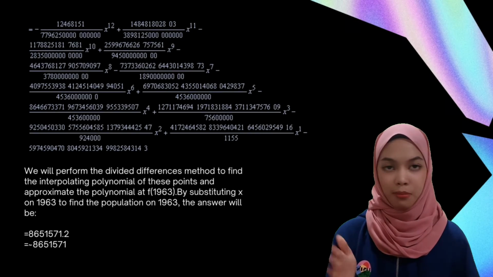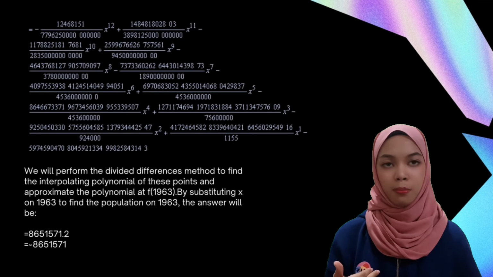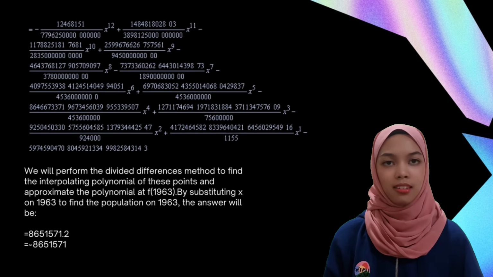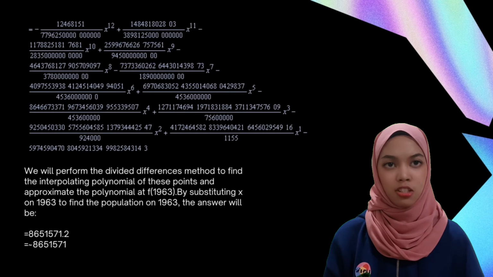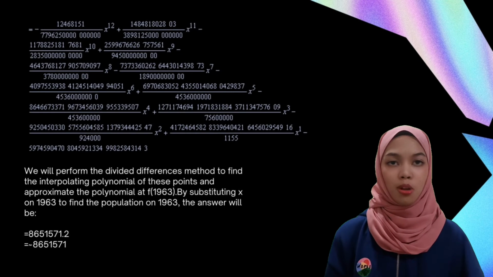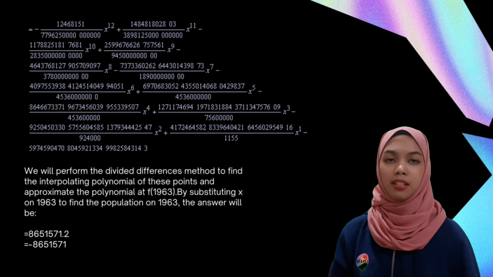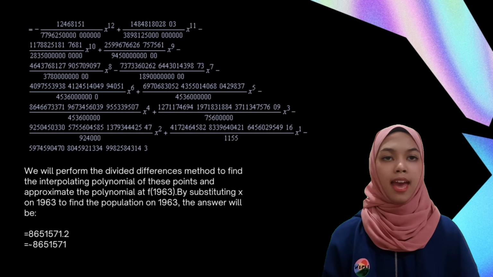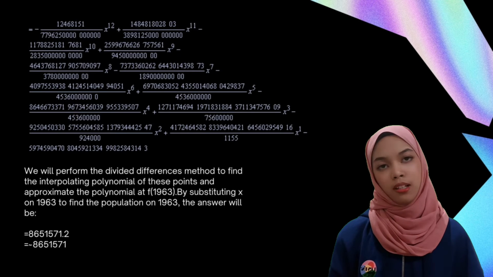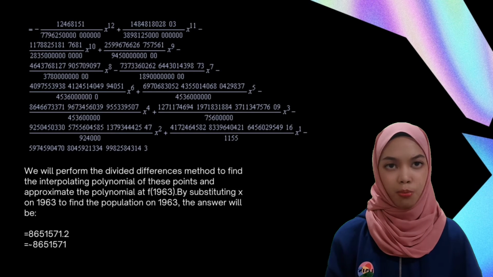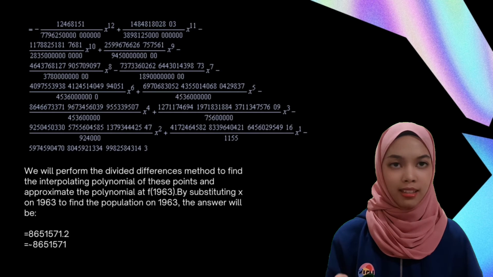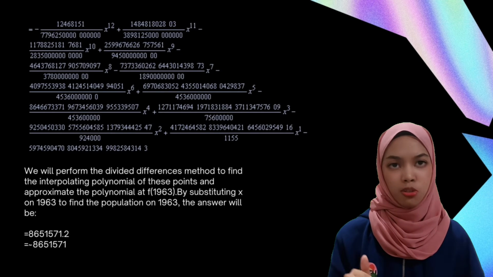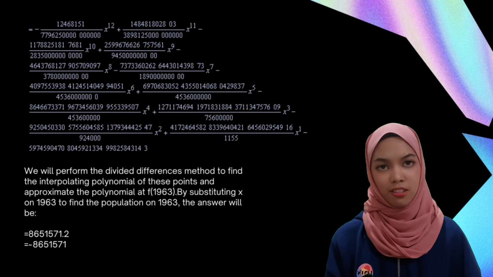From the table data, the interpolating polynomial resulting from the divided difference method takes the form shown in the slide. So, we will perform the divided difference method to find the interpolating polynomial of these points and approximate F(1963) by substituting x with 1963 to find the population in 1963.